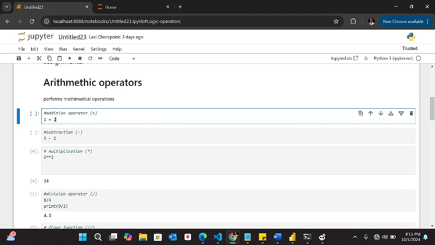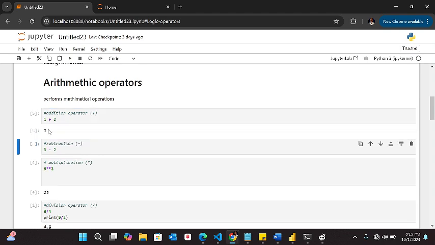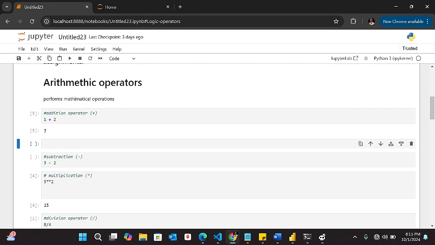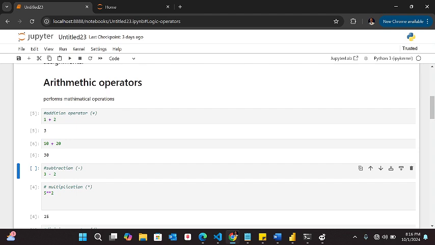So for instance, 1 plus 2, and when we print we have 3. We can also add 10 plus 20, and then we have 30.